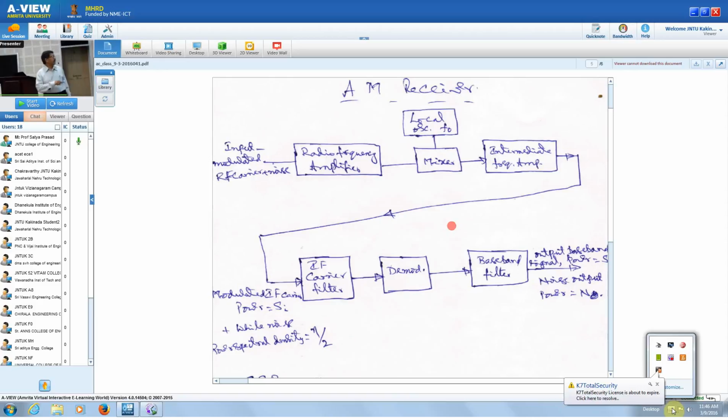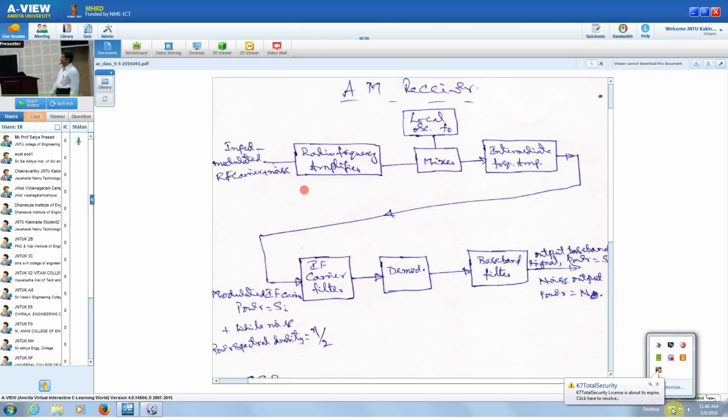at the input, you are having the modulated RF carrier plus whatever channel noise has been added, right? And here I have given the typical superheterodyne receiver that we are going to have, which you have seen already.